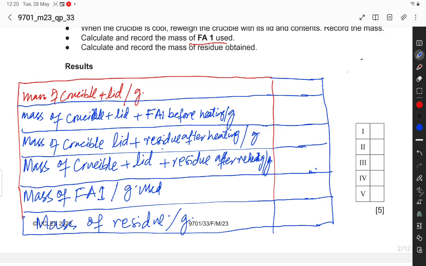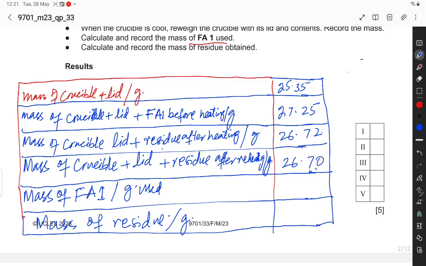Let's suppose the mass of crucible plus lid is equal to 25.35, and this is, let's suppose, 27.25, and now this is equal to 26.72, and this is 26.70.